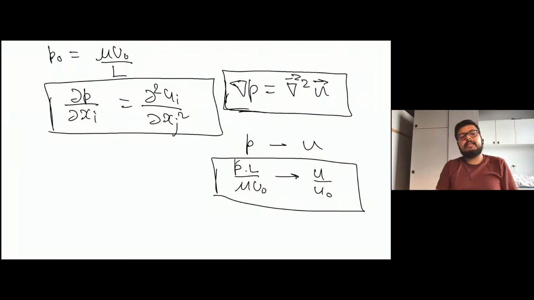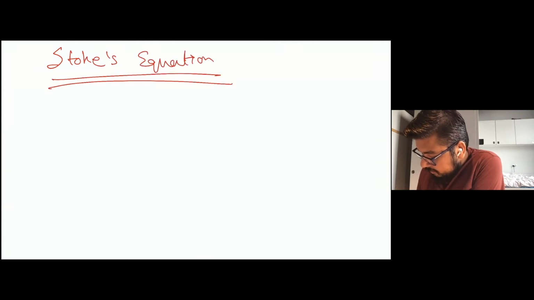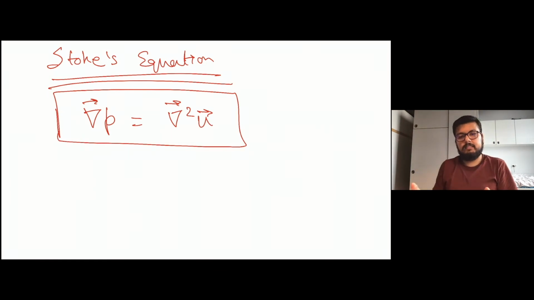And if you want to scale it back to the real units, then we need to multiply the pressure by mu u naught by L and velocity by u naught and the length scales by L. So this brings me to the Stokes equation, which is that the gradient of pressure is equal to the Laplace of velocity field. Of course, in the non-dimensional pressure and velocity space.